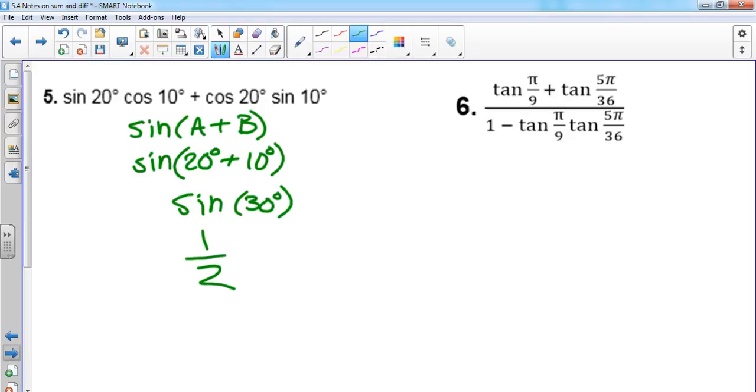We don't have 10 and 20 on the unit circle. You add them together and find 30 degrees. We're trading for this, sine A plus B, and then we're adding and doing 30, and that's what's on our unit circle. If you do it on your calculator, you're going to get a decimal.